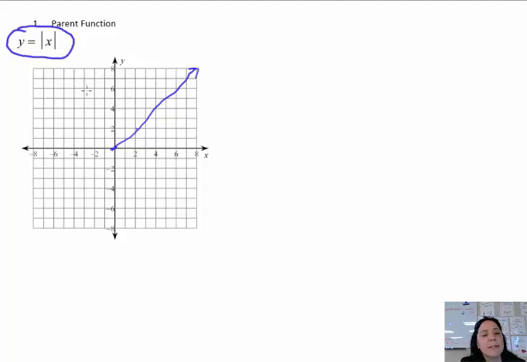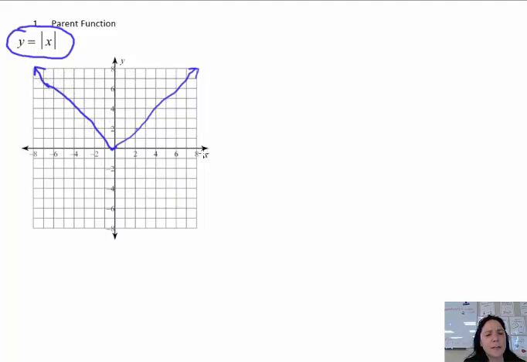When x is less than 0, when x is negative, then we're going to get y equals negative x. And that is going to give us a line with a slope of -1 that goes through the origin. And of course this line should be straight.